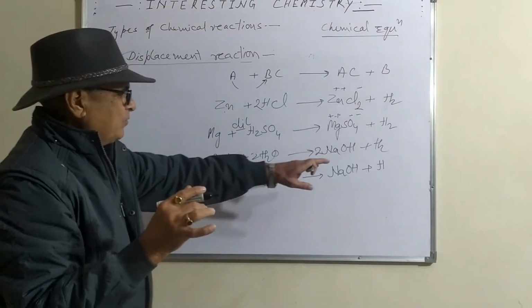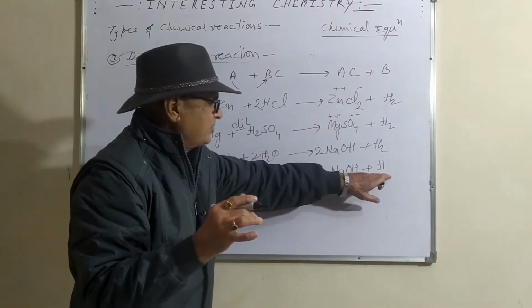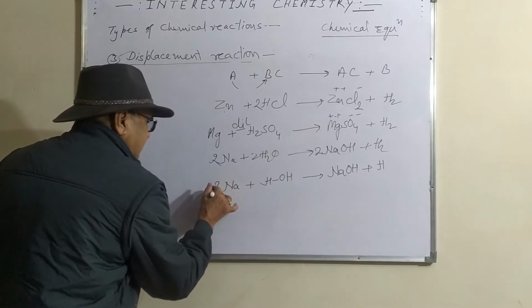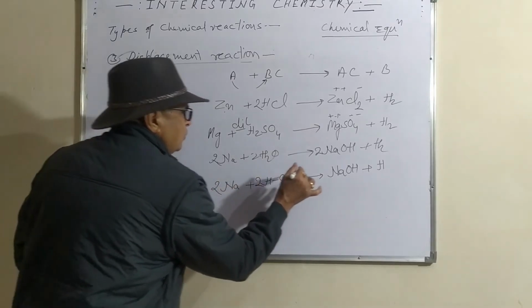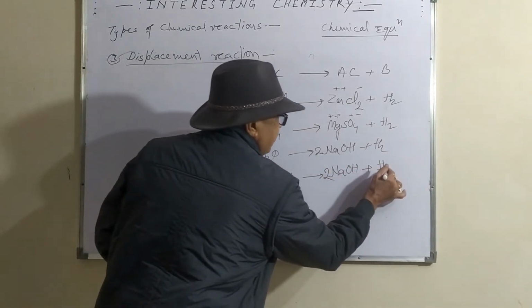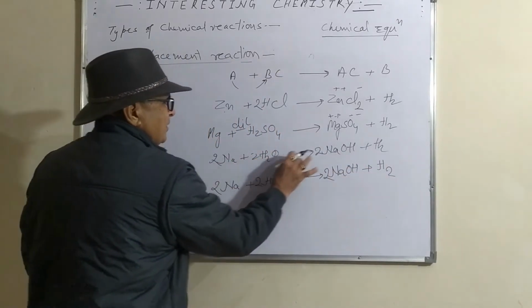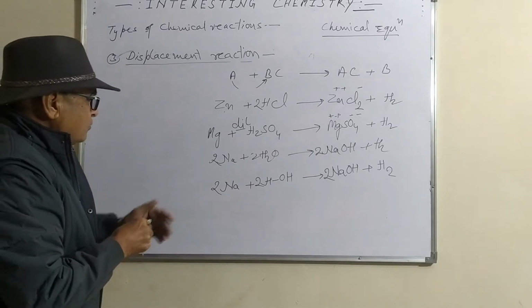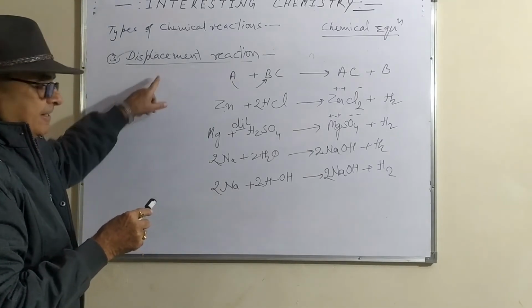Again, you have to show this hydrogen in molecular form, so you can double all the equation: 2Na plus 2H2O gives 2NaOH plus H2. So it is also a displacement reaction.